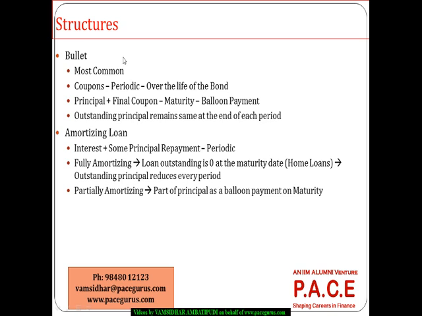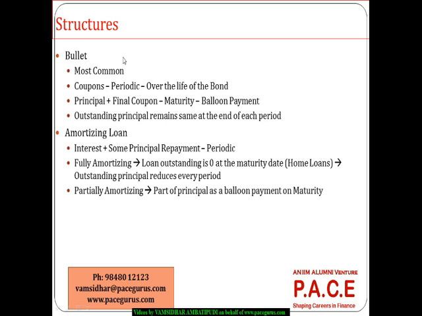Whereas on the other side, we can even see a bond which follows an amortizing loan kind of structure. When I talk about an amortizing loan, yes, even in this kind of bond, the regular coupons are paid, but along with the coupon, some amount of principal repayment is also made at regular intervals.